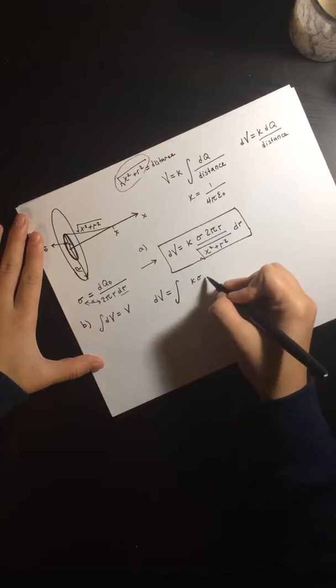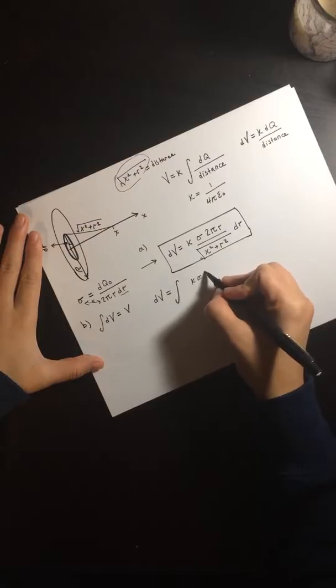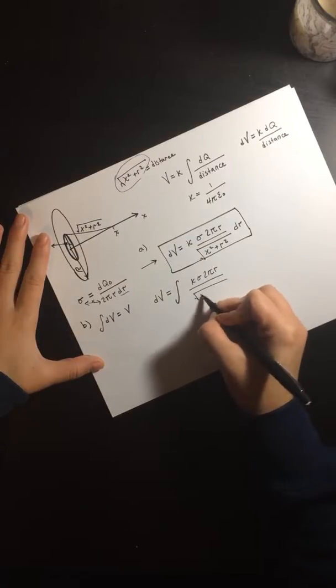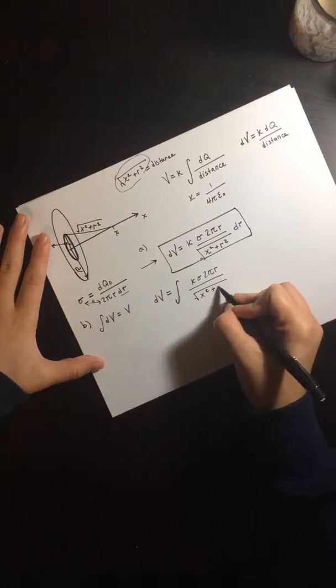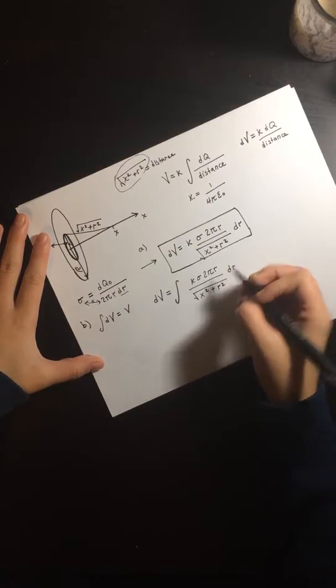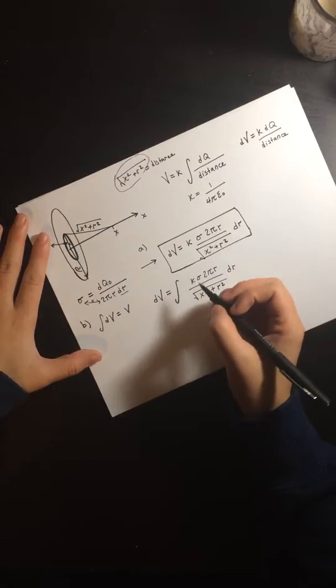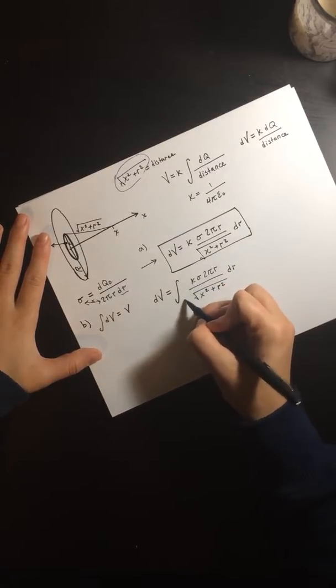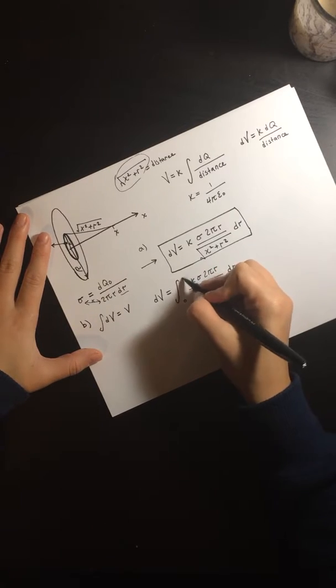So we have V is equal to the integral of k, charge density, 2 pi r over the square root of x squared plus r squared dr, and let's put in the boundaries now just so that we know what we're doing. The boundaries are going to be 0 to big R, right?